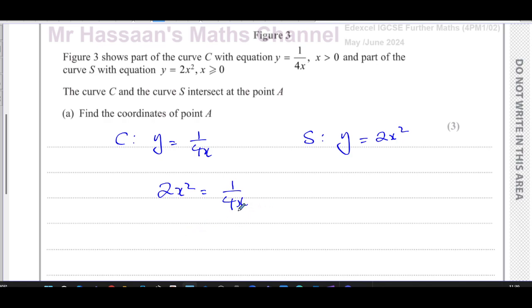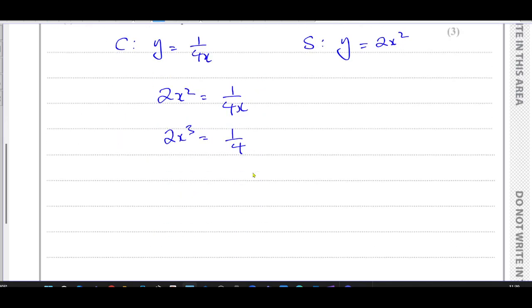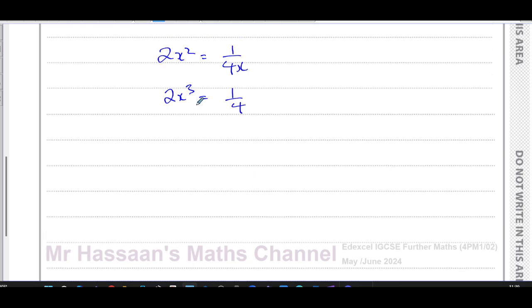And then rearranging this, I can multiply both sides by x. So I have 2x cubed equals 1 over 4. And then I can also divide both sides by 2, which leaves me with x cubed is equal to 1 over 8. And then I can take the cube root of 1 over 8, which gives me a half. So I can see that the x coordinate of A is equal to a half.